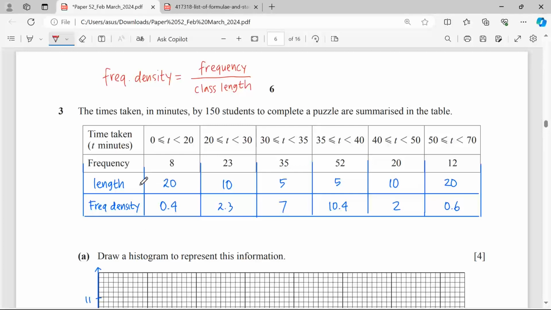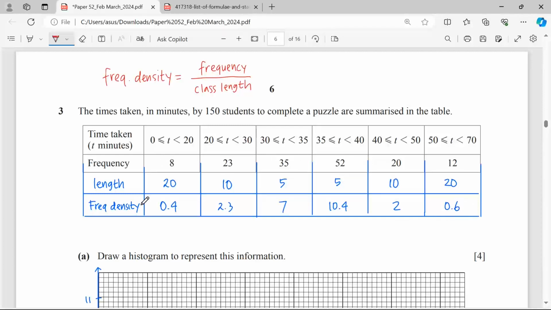So here you have to find the length of each class, which is given by this one, and then find the frequency density. So for example, the first class here, it has a frequency density of 8 over 20, which is 0.4. For the second class, 23 over 10, which is 2.3. For the third class, 35 over 5, which is 7, and so on and so on.